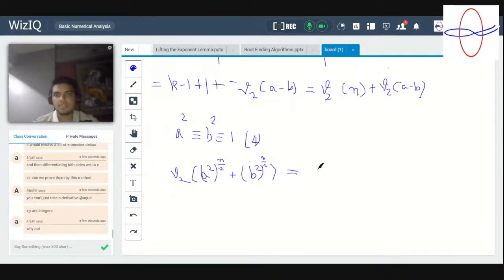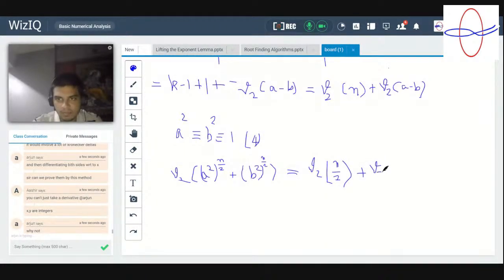And then this gives us b2 of n by 2 plus b2 of a square minus b square, because for you to be able to take a derivative of something, the function needs to be continuous.